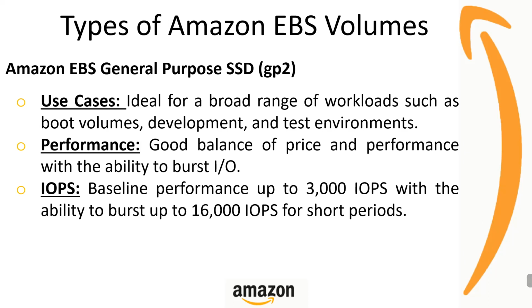So, the types of Amazon EBS volume. The first type is General Purpose SSD, right? Use cases: ideal for a broad range of workloads such as boot volumes, development and test environments. Performance: a good balance of price and performance.